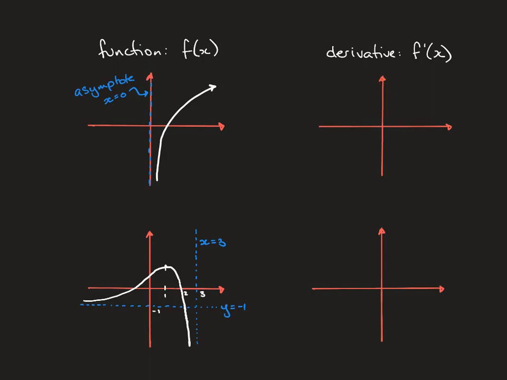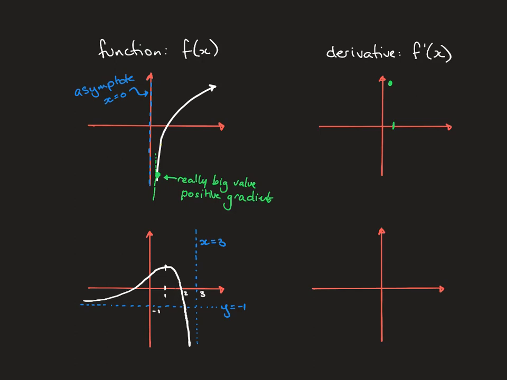And so we're going to go to our original function, and I'm just going to pop a point and a bit of a tangent on here. And you can see that that tangent has a super duper steep positive gradient. So at roughly that x value on the derivative graph, I'm going to put a dot way up high. I don't know how high it goes, I'm just going to put it way up high.